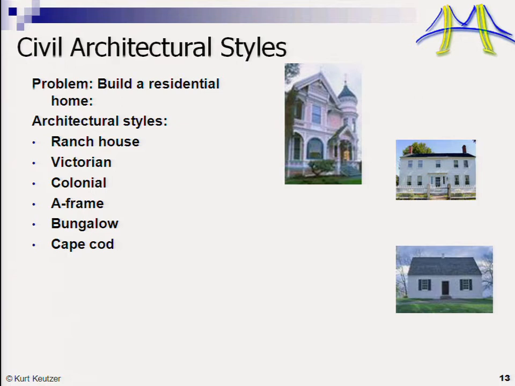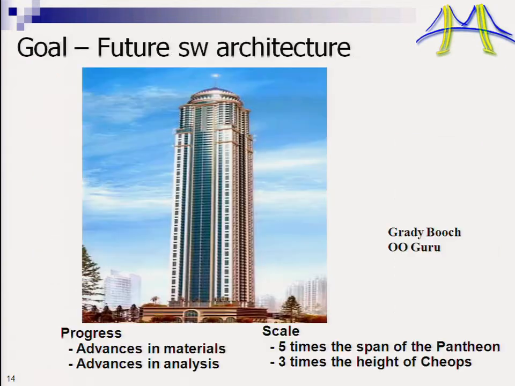So these architectural styles that Garland and Shaw came up with are at that level. They're basic strategies for approaching how you modularize software. But that doesn't say that we don't want to ultimately be able to create entire skyscrapers, right? That is where we're going, but I also want to acknowledge where we are today.